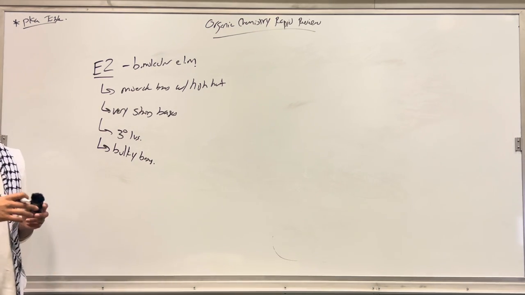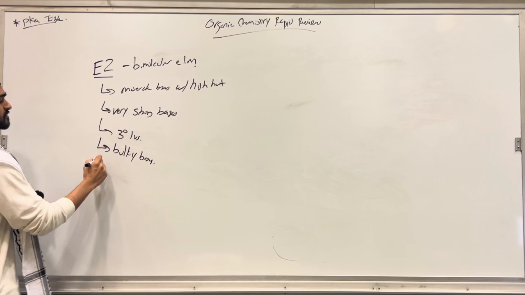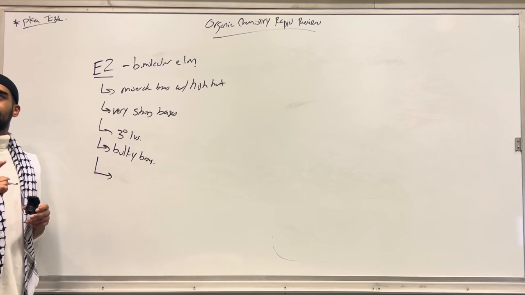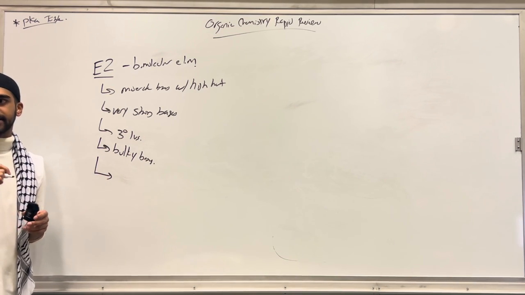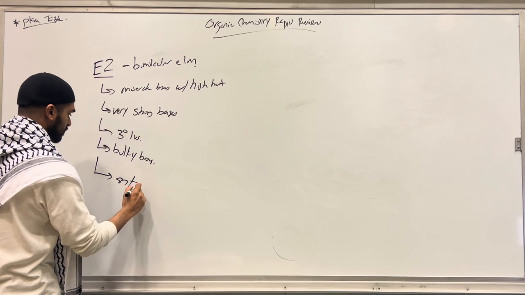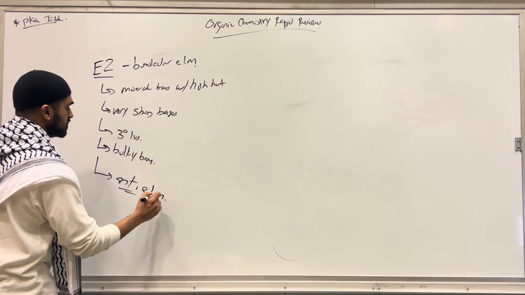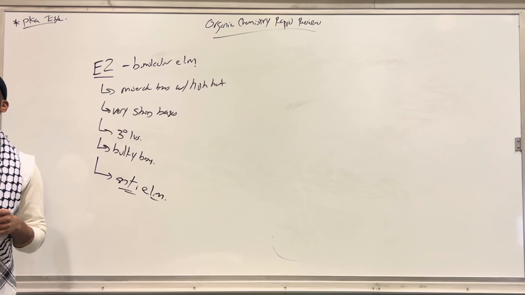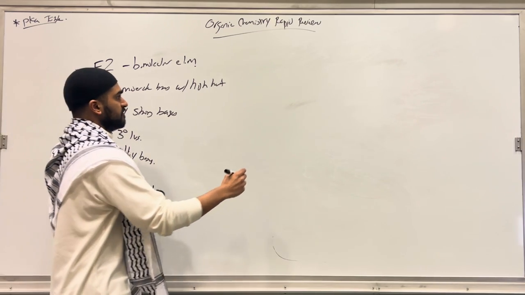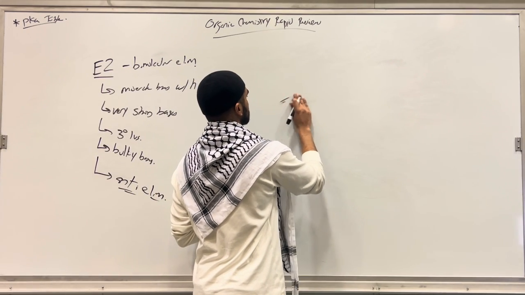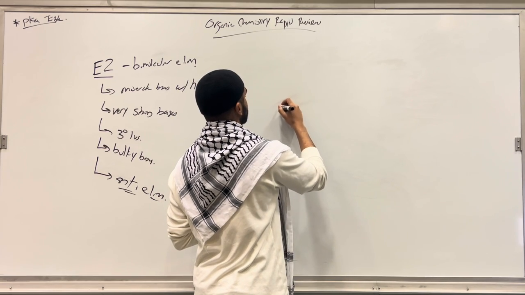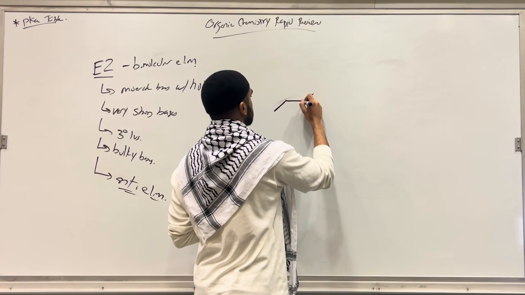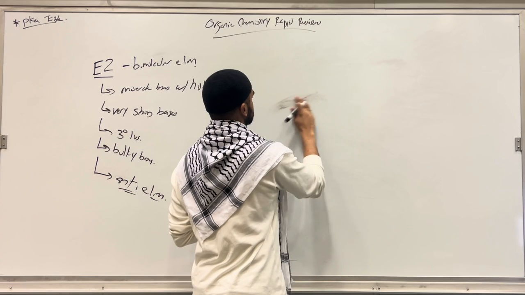All right, so let's take a look at one more thing. It is called an anti-elimination. So let's look at the most basic example of a beta elimination, or an E2 elimination.